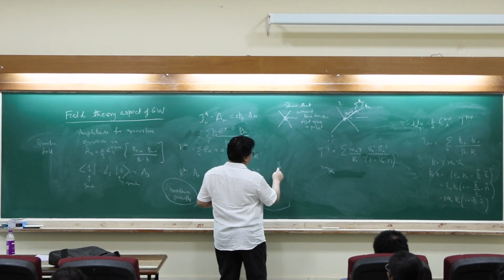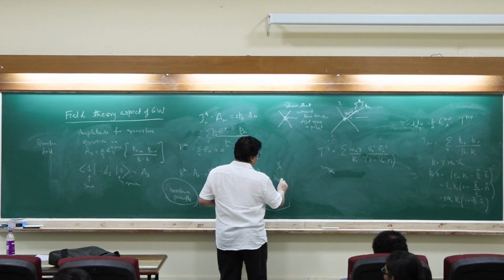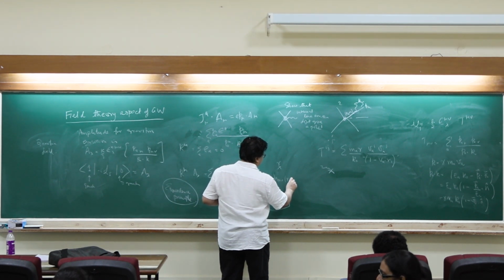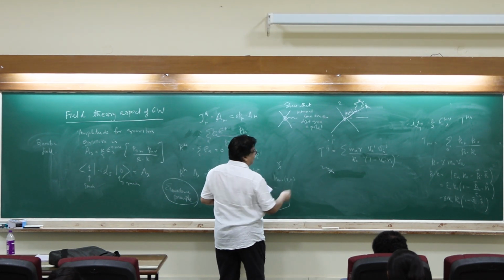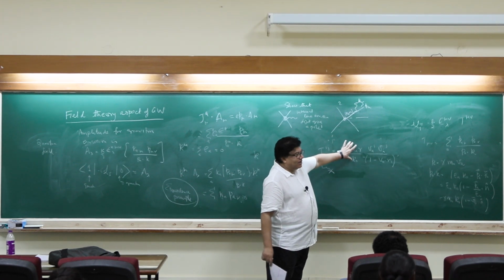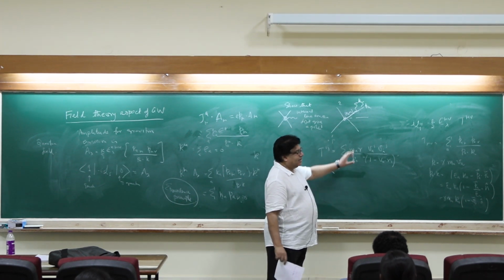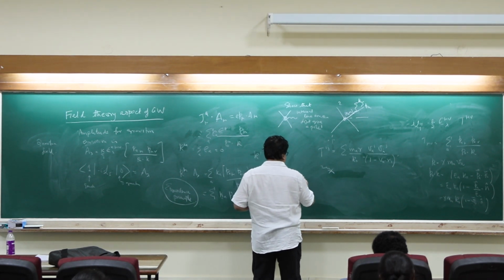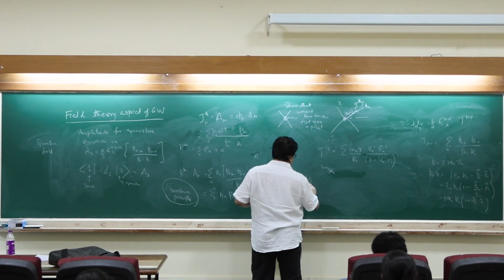So I want to calculate my h mu nu at r, t here from my T mu nu amplitude calculation from the soft theorem. So the answer, which I will derive, is 4G by r.